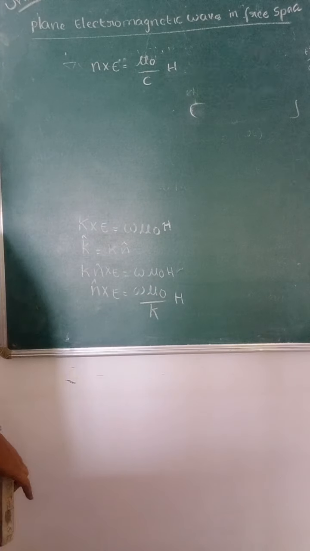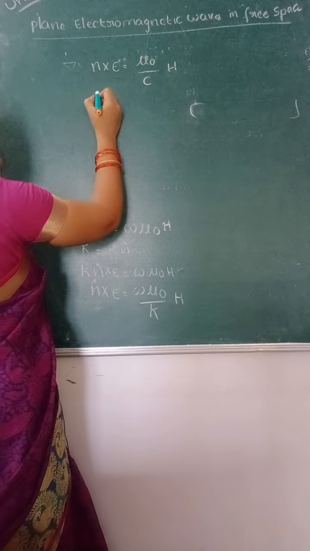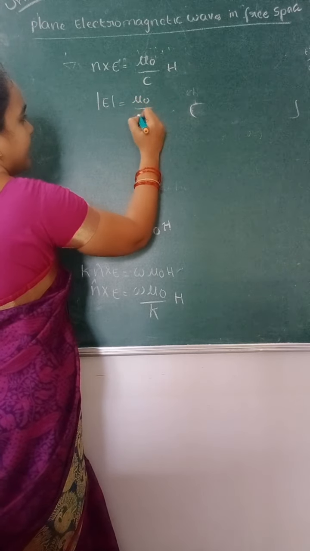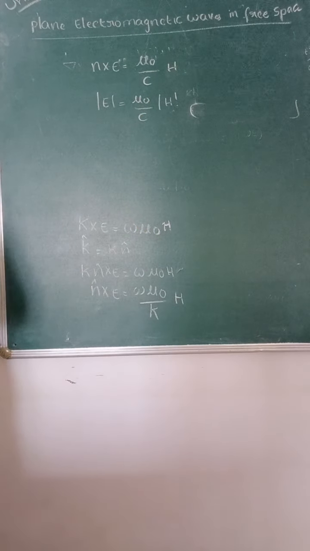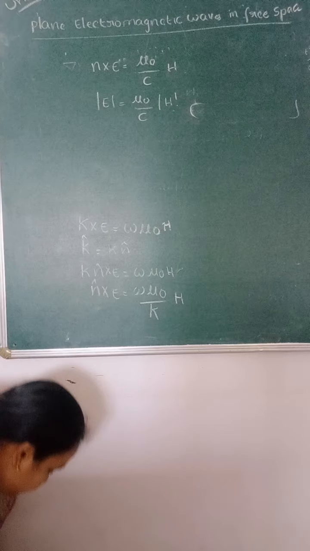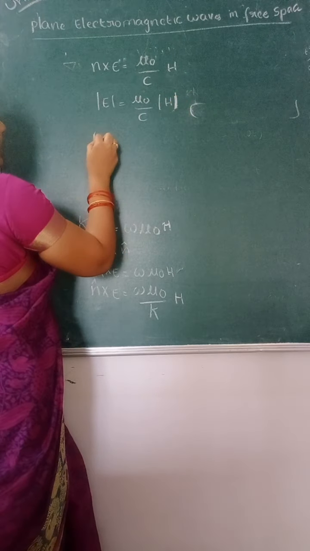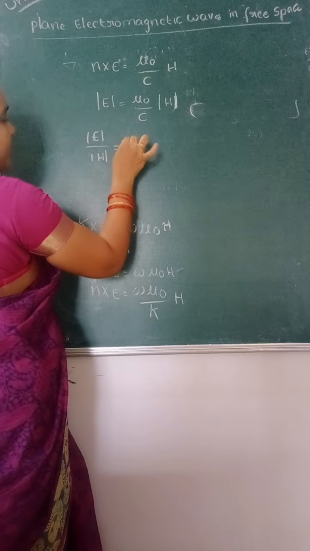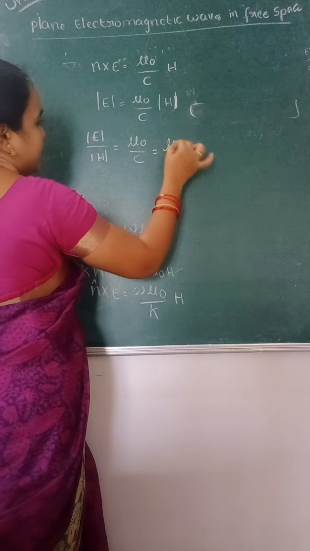If you take the magnitude, the magnitude of n cross E is modulus of E, equal to mu naught by c into modulus of H. Then modulus of E by modulus of H is equal to mu naught c.